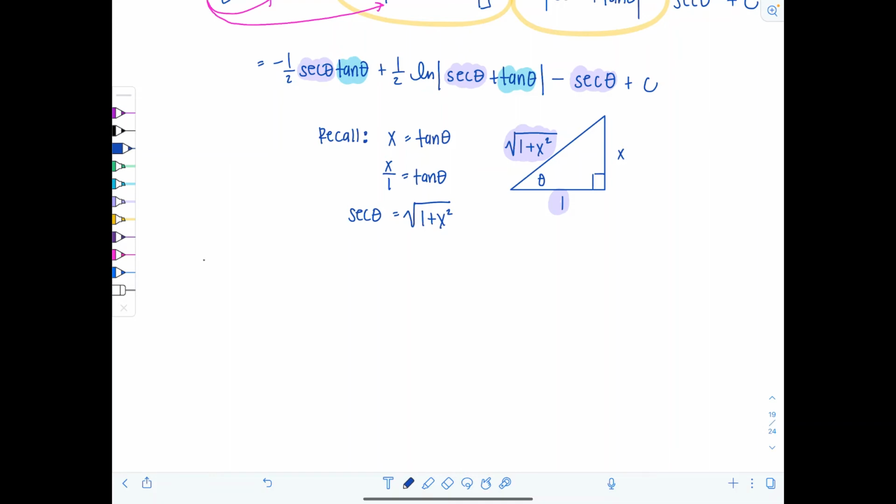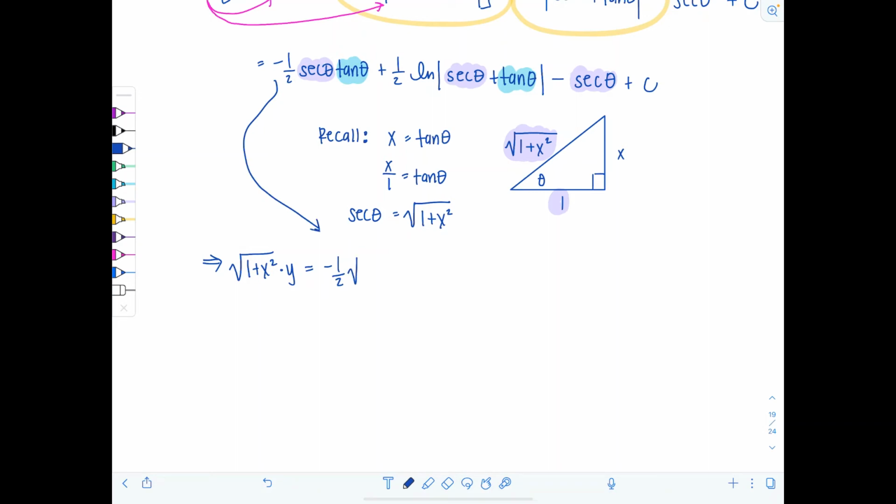So now, at long last, remember the left-hand side? How we had mu of x times y? Let's bring it back. Rad 1 plus x squared times y equals negative 1/2 secant theta. I'm looking here. Keep up.